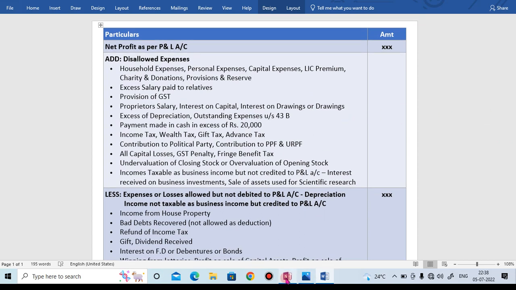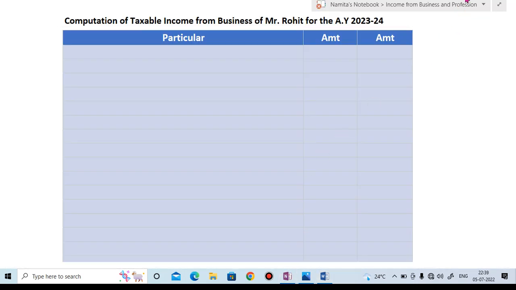So prepare this format. Give the heading: computation of taxable income from business of Mr. Rohit for the assessment year 2023-2024, with particulars and amount columns.